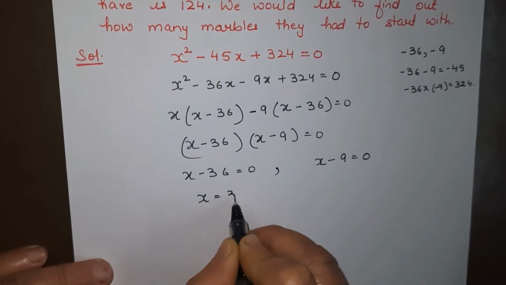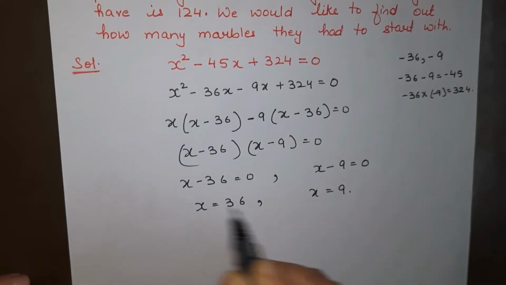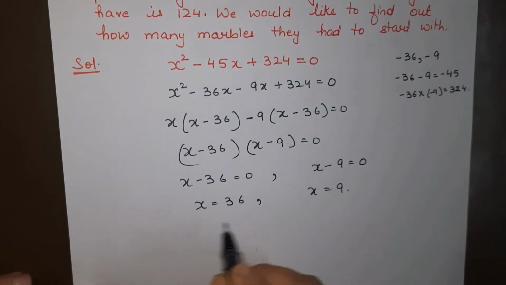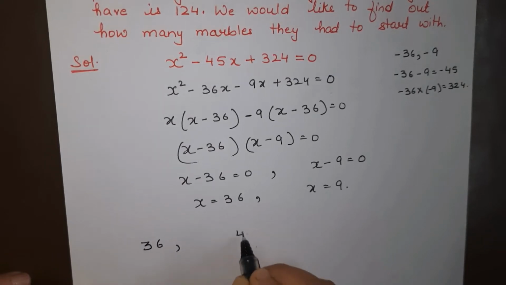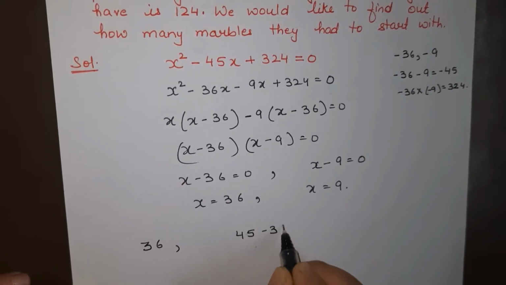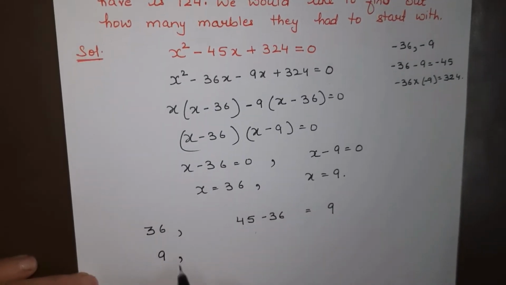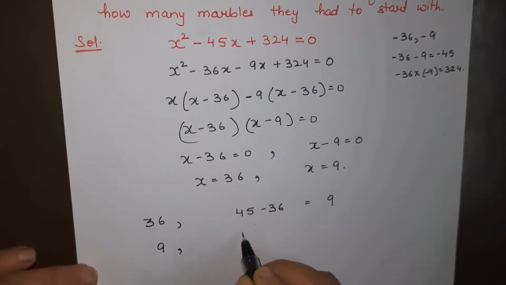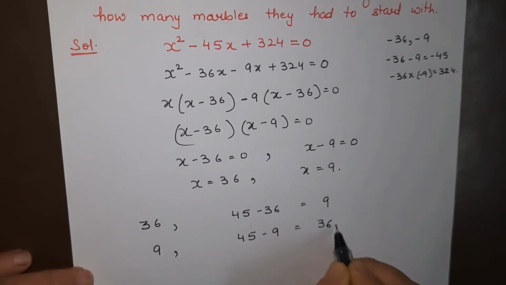So x is 36 and x is 9. That means two of them are there. If one of them is having 36 marbles, the other will be having 45 minus 36, so that will be 9 marbles. And if the first, John, is having 9, the other will be having 45 minus 9, that is 36 marbles.